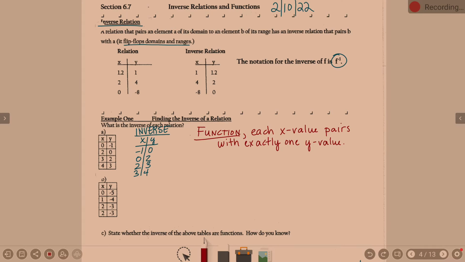Okay, ready for B? We have the ordered pairs (0, -5), (1, -4), (2, -3), (2, -3). You got an inverse written down?